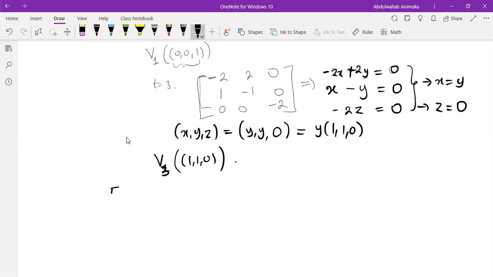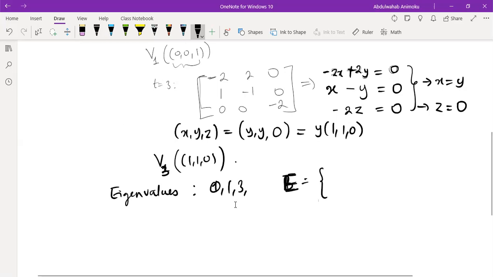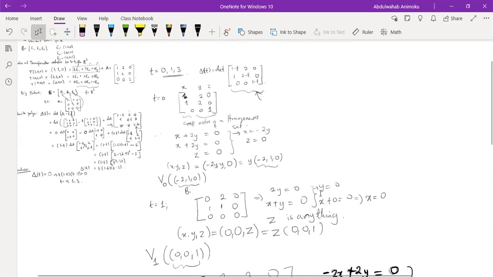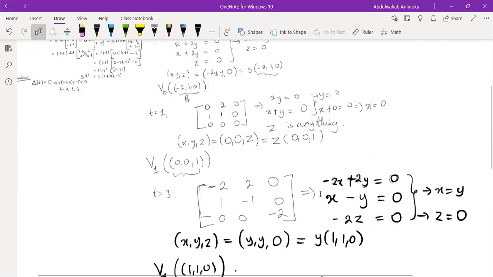It means that our eigenvalues for this transformation are basically 0, 1, 3, and we go back to the corresponding eigenvectors. The first one is -2, 1, 0.